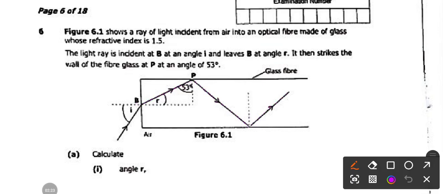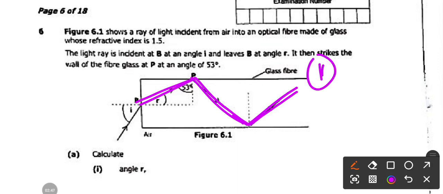The reason is because this ray undergoes repeated total internal reflection. That is the reason why it is able to leave at the other end of the glass fiber.